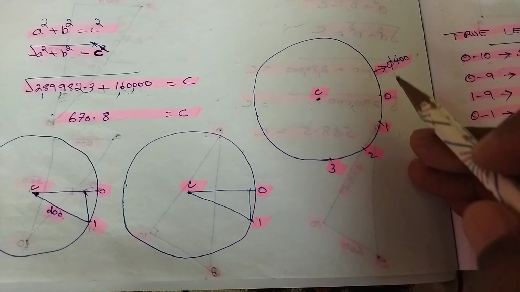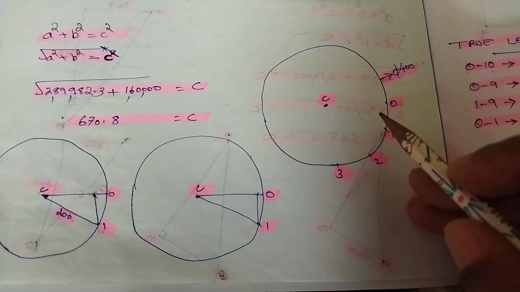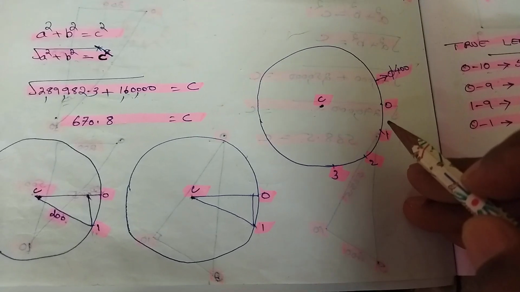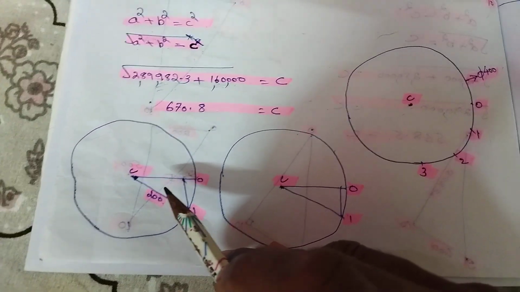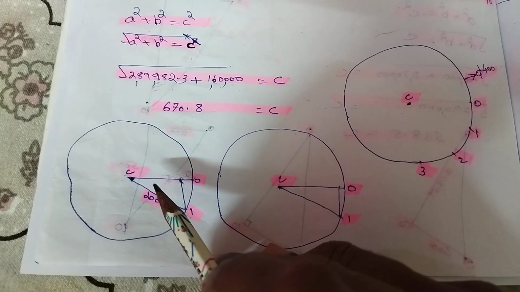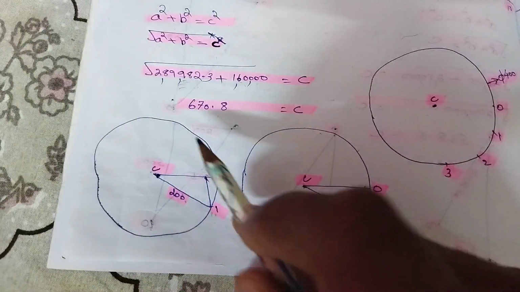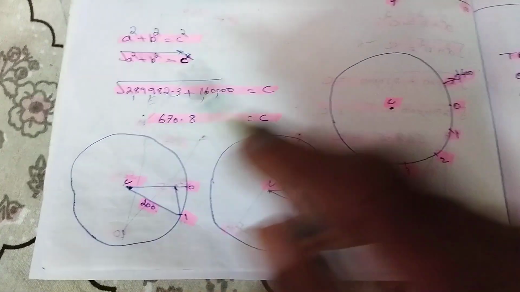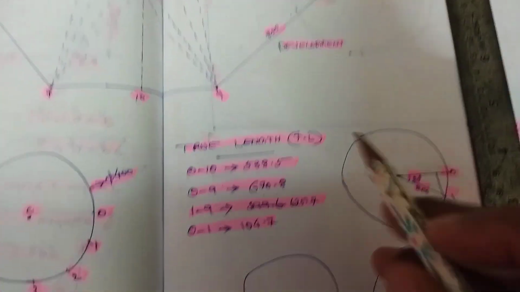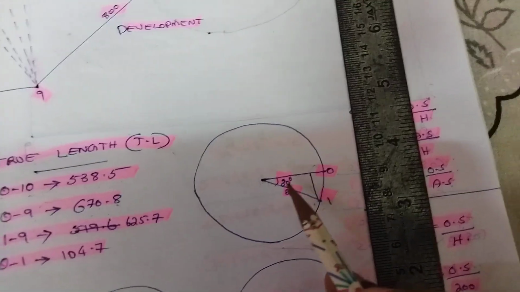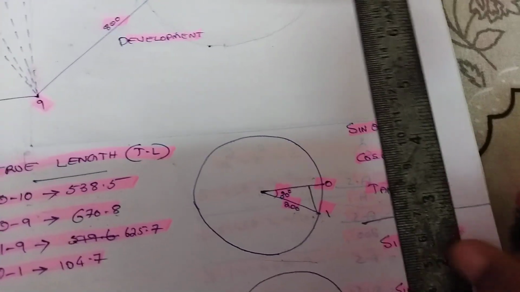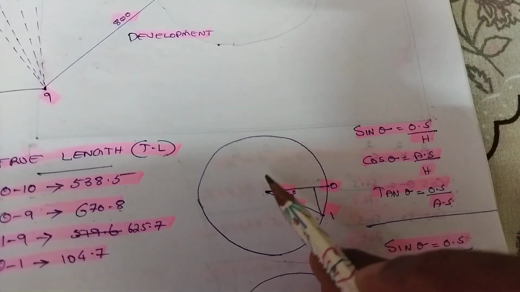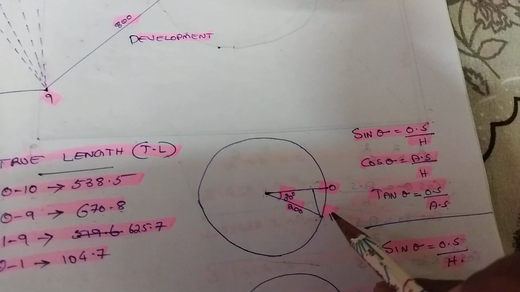So 360 has to be divided by 12. Then this degree will be 30 degree. This kind of 30 degrees will be formed together 12 times, and 360 degree will be formed. So remember, this degree is 30 degree. Using this 200 and this 30 degree, we can find out this measurement and this measurement.